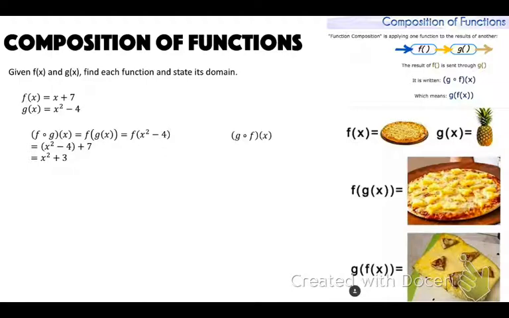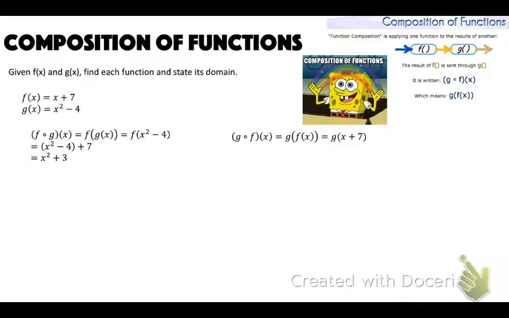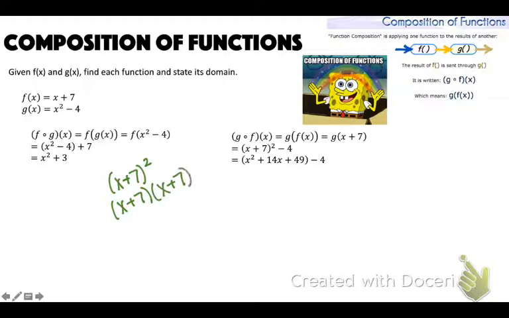So if we're asked to find g of f of x, well, that's going to be g of f of x. So I'm plugging in the x plus 7 to the g function. So that's going to be x plus 7 squared minus 4. To get x plus 7 squared, remember that means we have x plus 7 times x plus 7.